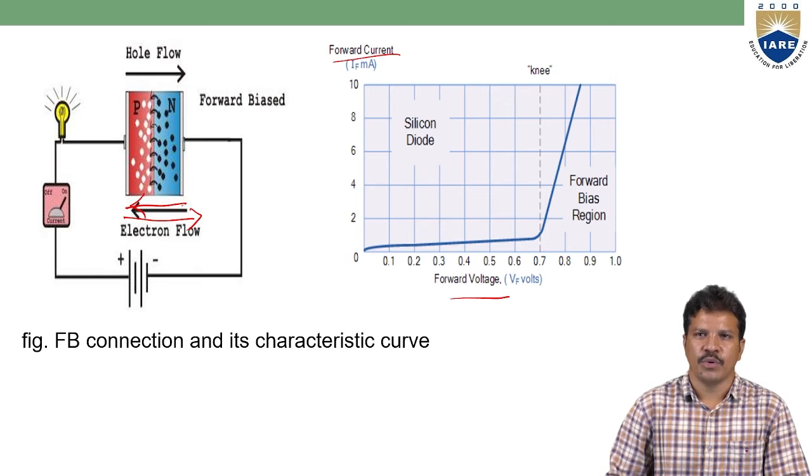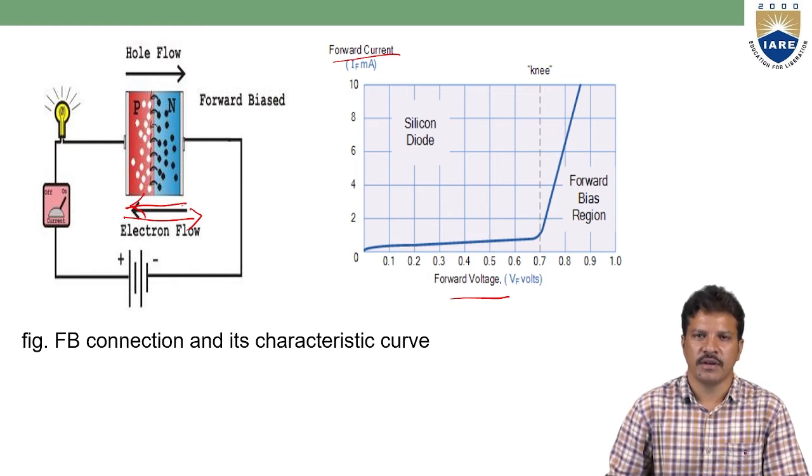Now, we already know that an open-terminal p-n junction diode initially has a potential across the junction, which is approximately 0.3 V for germanium and 0.7 V for silicon.